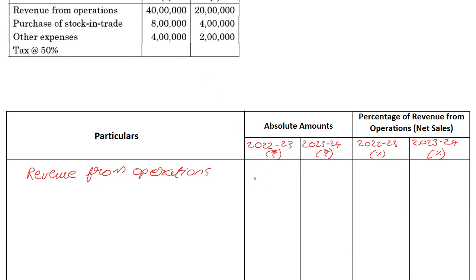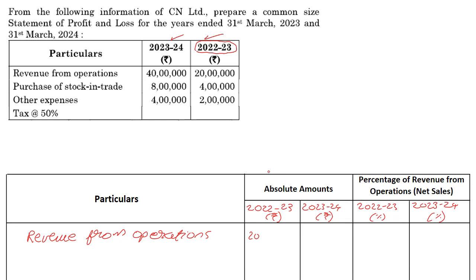We have 20 lakhs for 2022-23, do not get confused, and 40 lakhs here. There's no need for other income and calculating total revenue because those line items are not there. We can move directly to expenses.